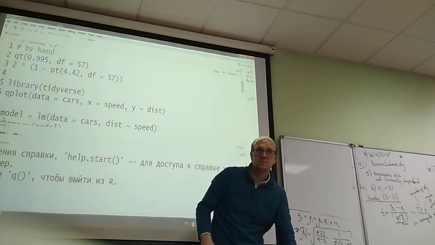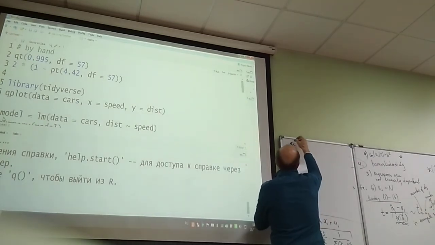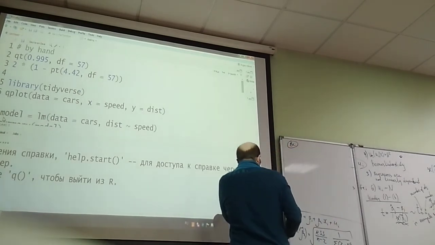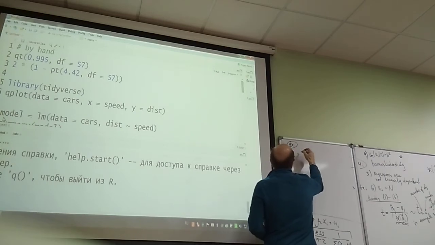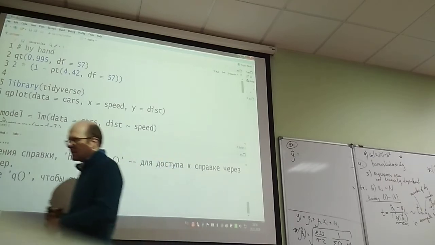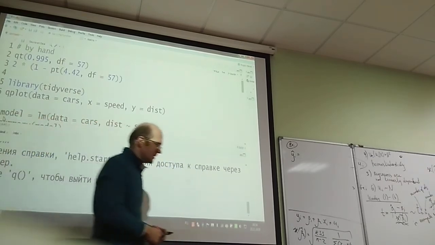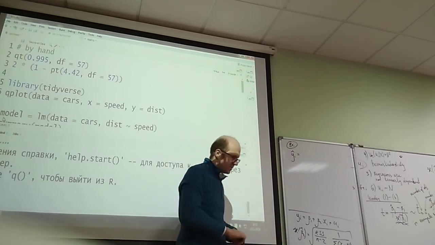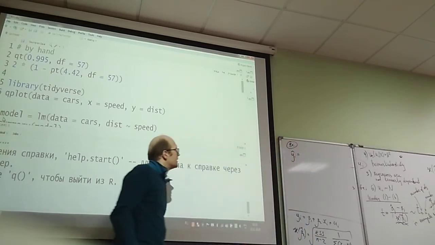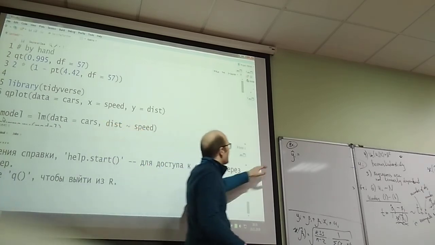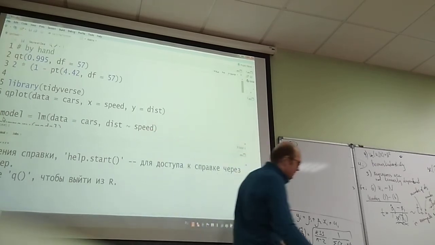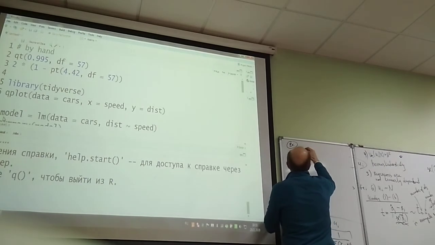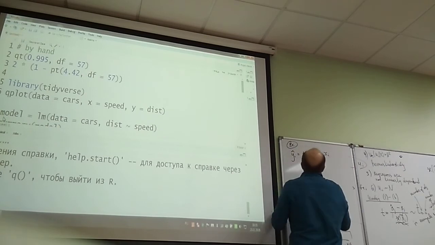Just a small exercise. So for example, you have estimated the dependency of, I don't know, the number of cakes you have eaten on the number of coffee cups you have, and the dependency is like this: y hat equals 1 plus 0.5 times x.